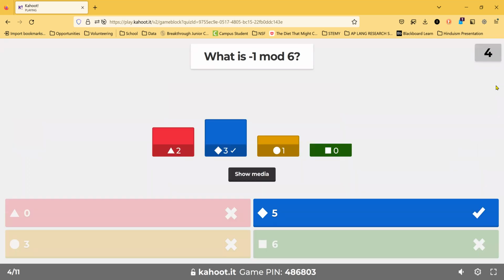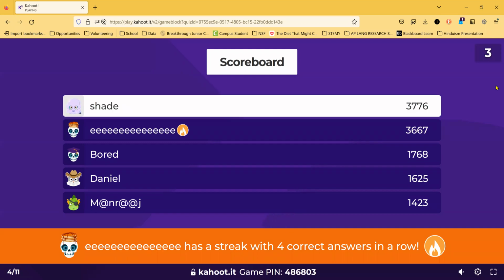The next question, with a negative number: the correct answer is 5. The greatest multiple of 6 that's less than -1 is -6. The difference between -6 and -1 is 5. So the correct answer is 5.